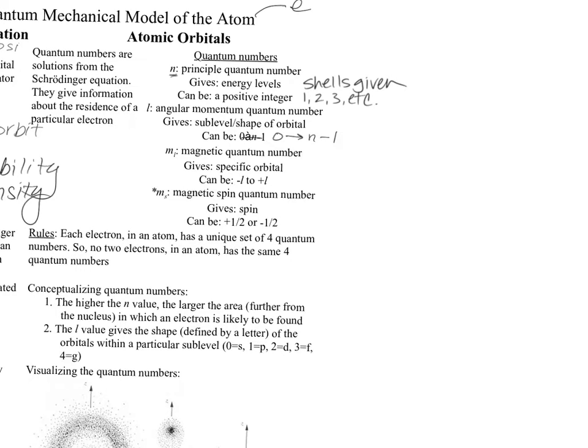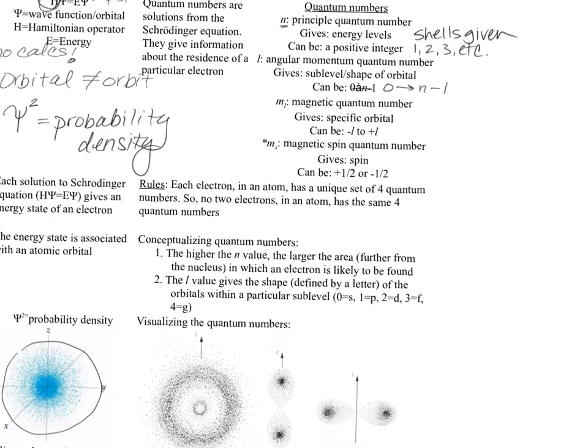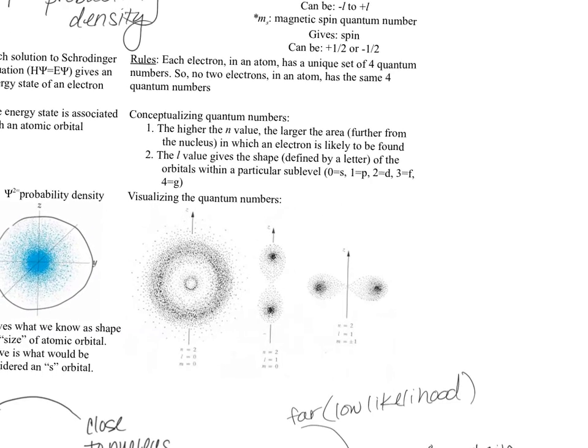Now, when we looked at angular momentum quantum number, I said that this number gives you the sublevel, or the shape of the orbital, or orbitals. What do I mean by shape? Well, each of the numbers associated with the L value is also associated with a letter. That letter gives you a shape.